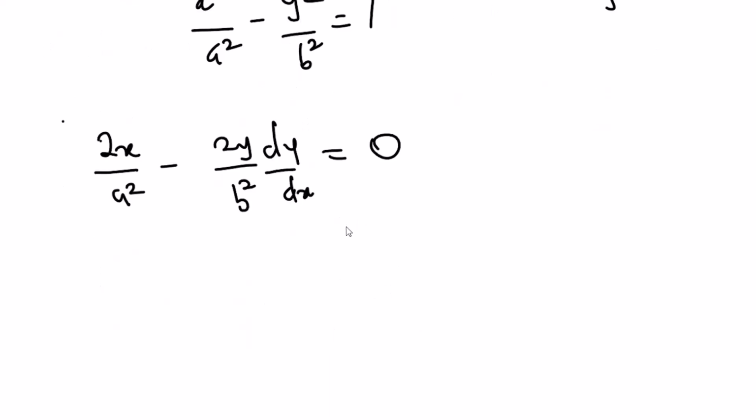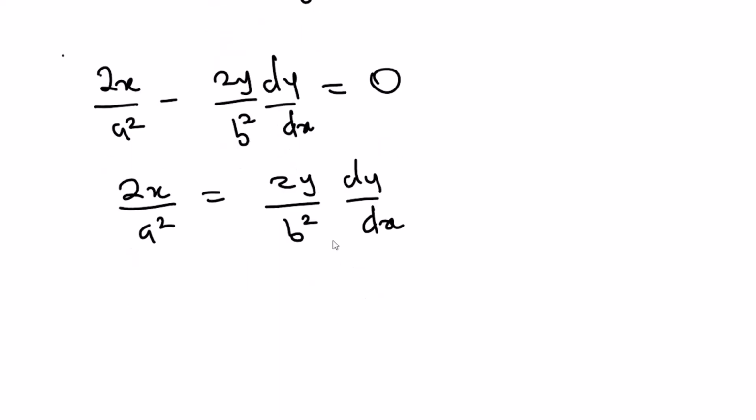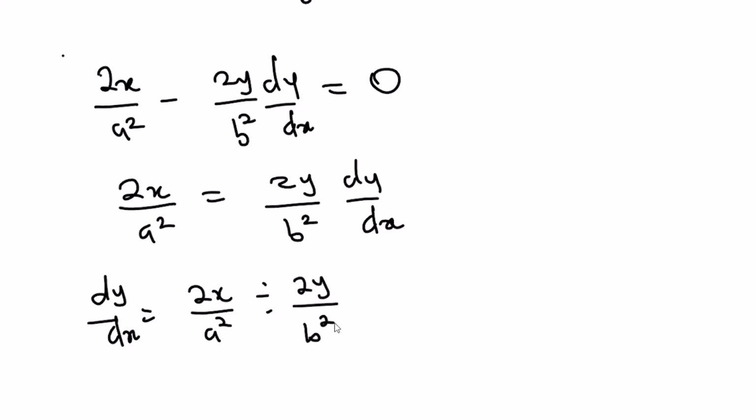Now we want to make dy/dx the subject. Let's leave this, 2x divided by a squared being equal to 2y divided by b squared dy/dx. Now we want to get this, so we can divide by this. So when we divide, our dy/dx will be equal to 2x divided by a squared, divided by 2y on b squared.